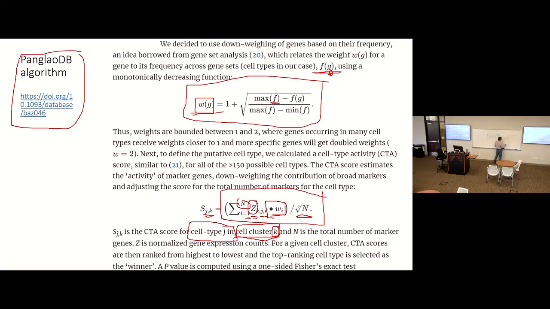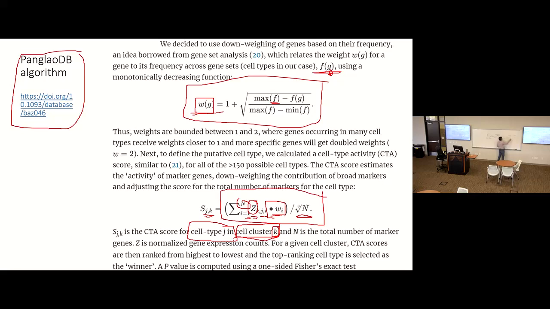Basically you add them up to give you Z. So if a cluster has cell type 1 marker genes expressed high, you have a higher value here.